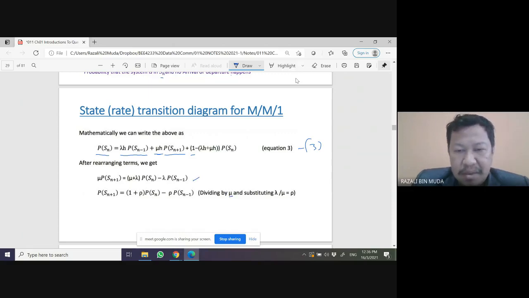Dividing by mu and substituting lambda over mu equal to rho, we get P(Sn+1) = (1 + rho) P(Sn) - rho P(Sn-1).